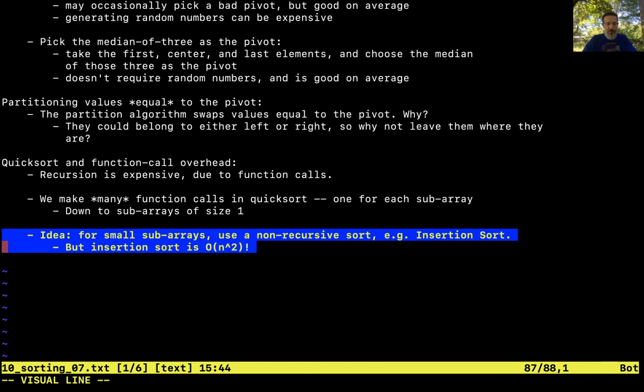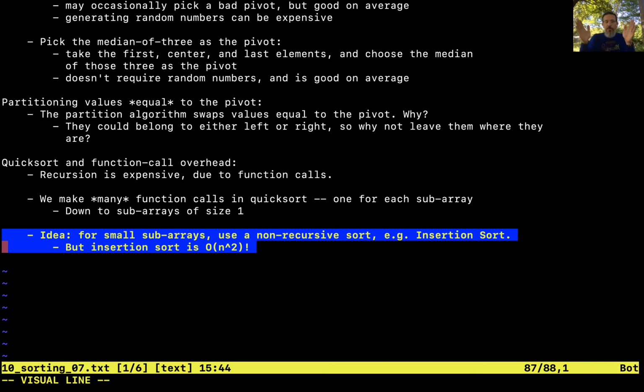So I want to show you the results of an experiment I ran where the structure is basically the following. Run quicksort as long as the left and right portion or the subarray is long enough. Say, the subarray is of length 100 or 50 or something like that.